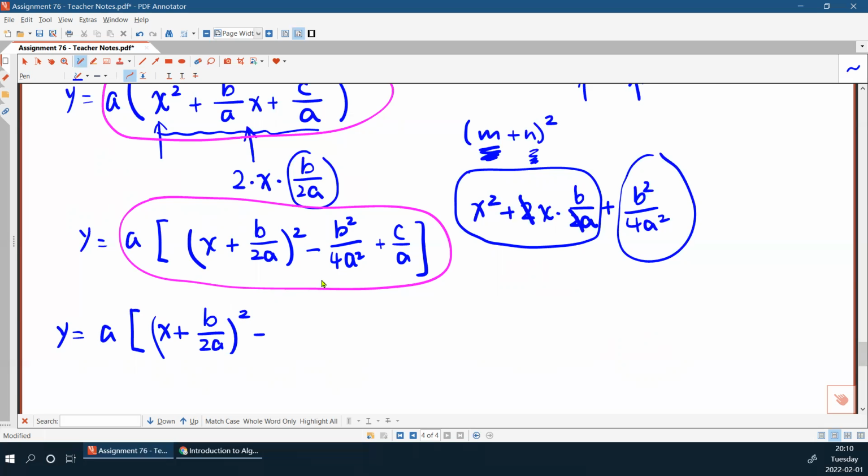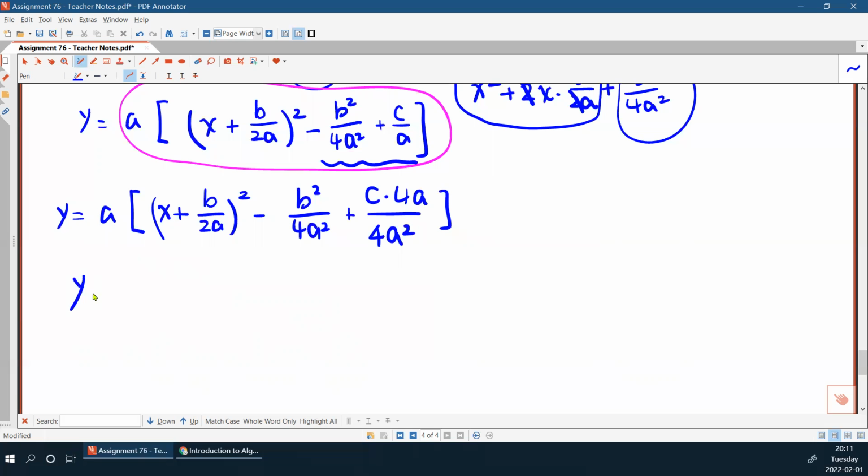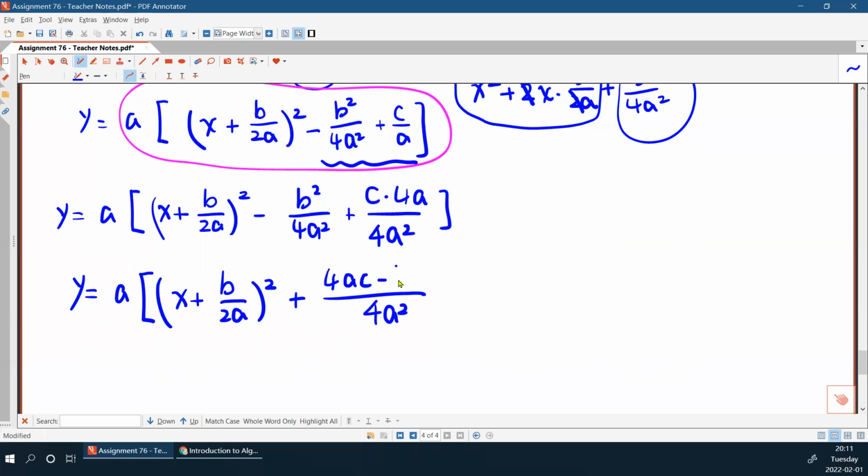Then rewrite these two terms with a common denominator, which is negative b squared over 4a squared, then plus c times 4a squared over 4a squared, right? Next, y equals a times x plus b over 2a squared, then positive 4a squared as the denominator, and 4ac minus b squared. Can you follow me?